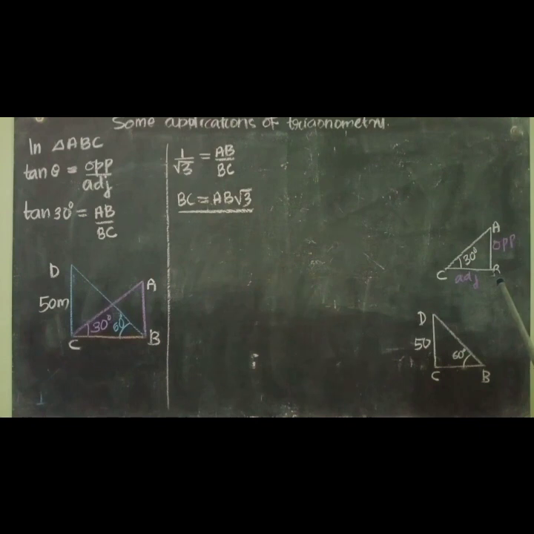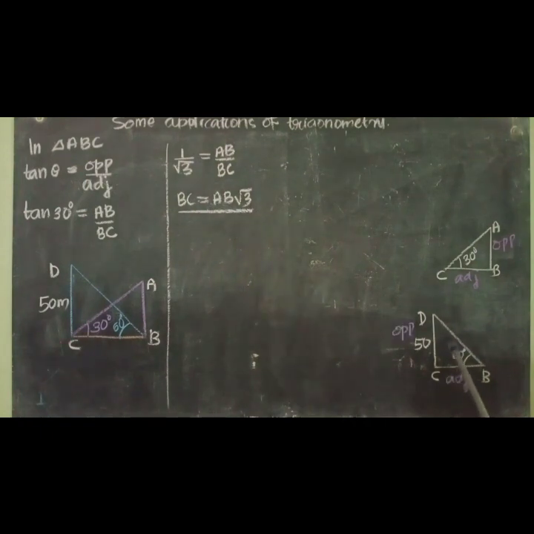Opposite side is AB, adjacent side is BC. Tan 30 degree equal to AB by BC. We know tan 30 is 1 by root 3. So we get 1 by root 3 equal to AB by BC. Cross multiplying, we get BC equal to AB root 3.